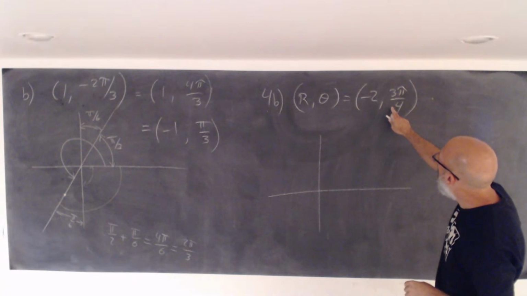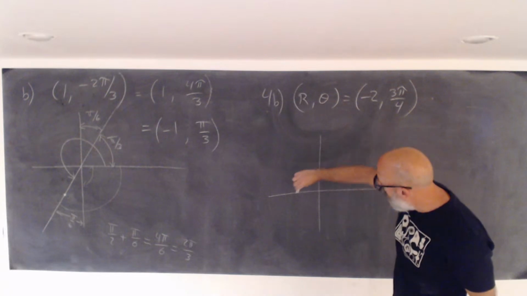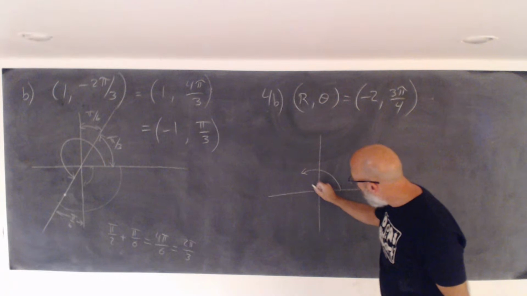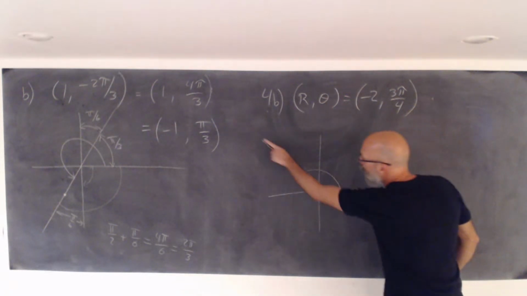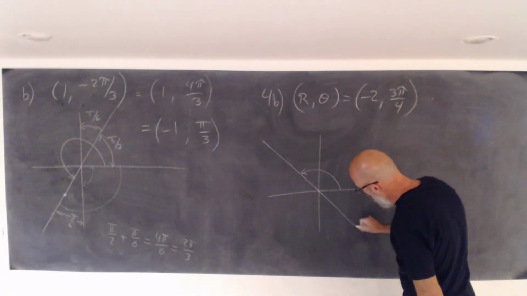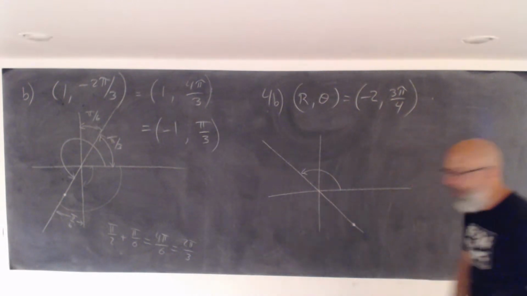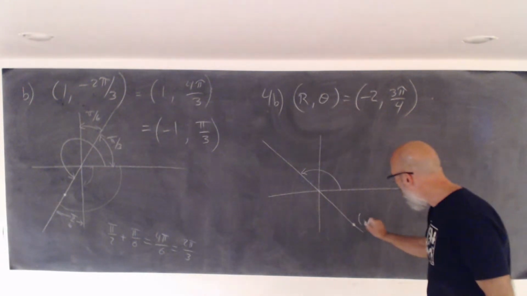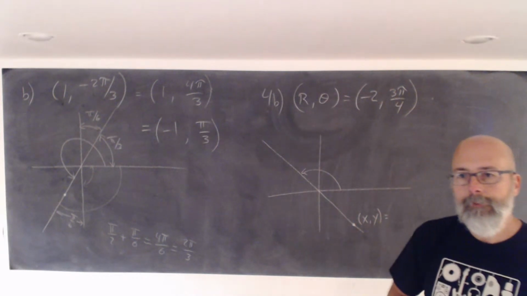So if you go an angle 3 pi over 4 counterclockwise from the positive x-axis, you're right here. And then you go a distance of -2. So instead of going 2 in that direction, you go 2 in this direction. And here you are. This is the point we're looking at. What we want is the xy coordinates of that point.